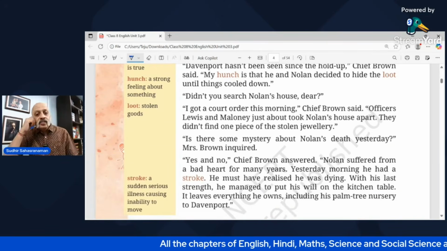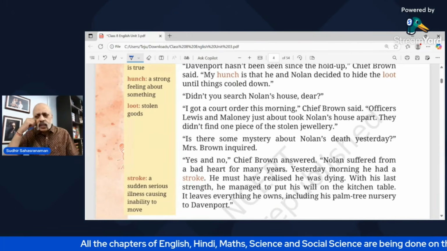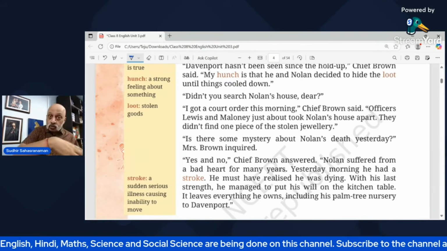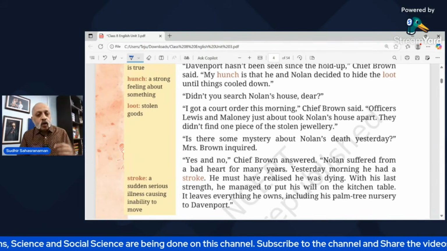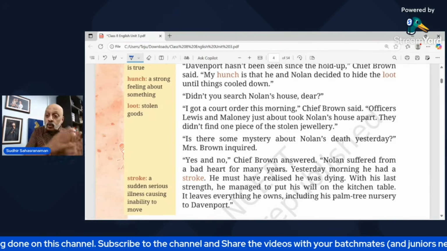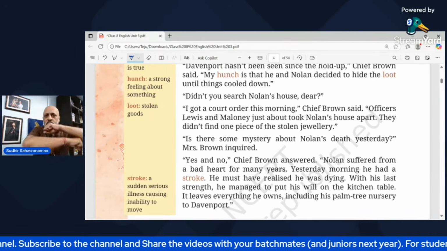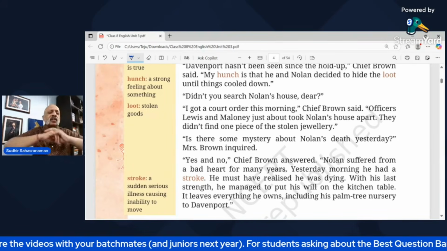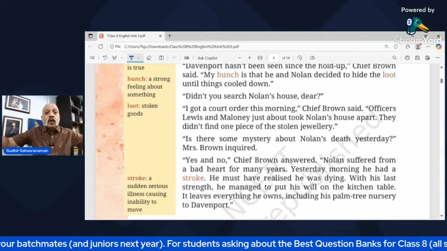Didn't you search Nolan's house, dear? Right? Didn't you search Tim Nolan's house? I got a court order this morning after the news came that he has died. Chief Brown said officers Louis and Maloney just about took Nolan's house apart. Took Nolan's house apart means they removed every portion to search threadbare, in great detail, for what they are looking for.